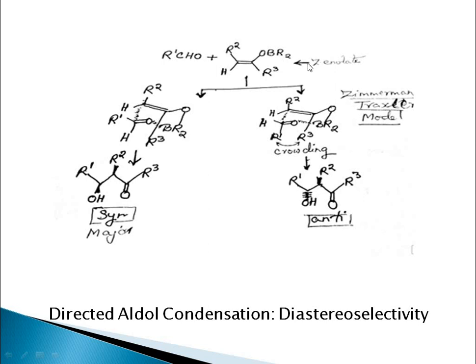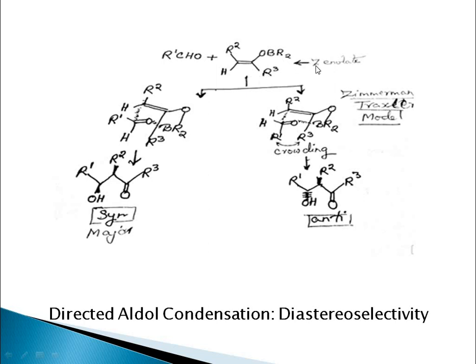We will see, taking this Z enolate, a double bond with priority number 1 and number 2. This hydrogen is on this side, so it does not create steric crowding with R3. Hence the Z enolate is more stable in comparison to the E. If R2 were on this side, these two would create steric hindrance, and that would be the minor product.